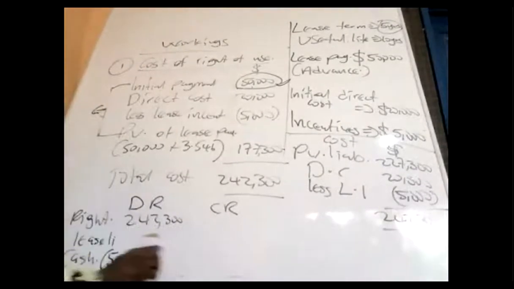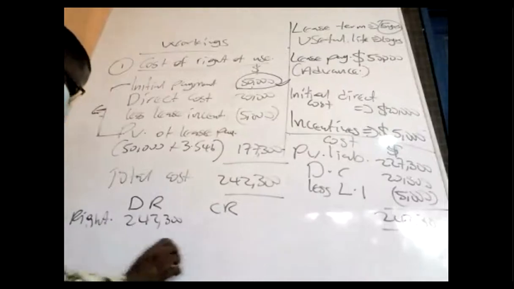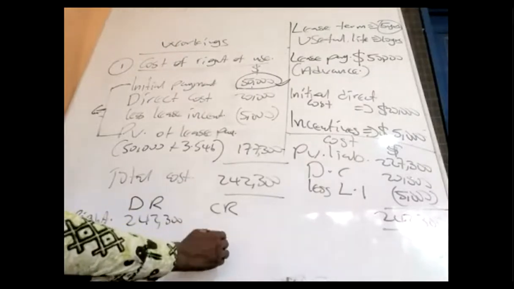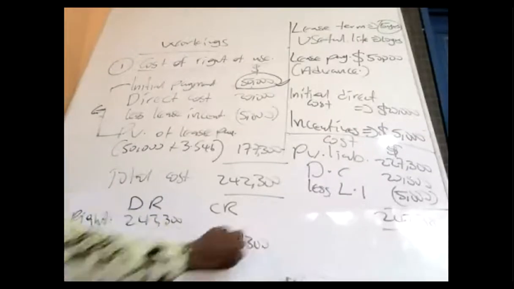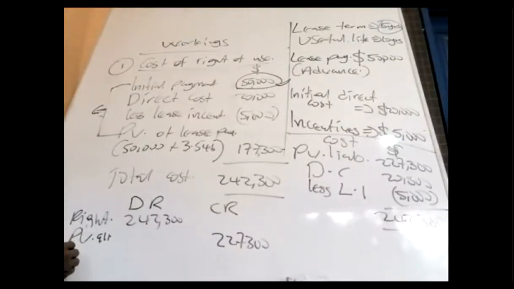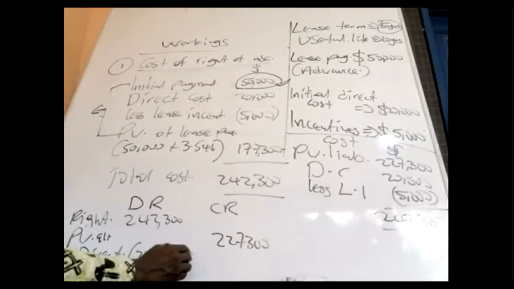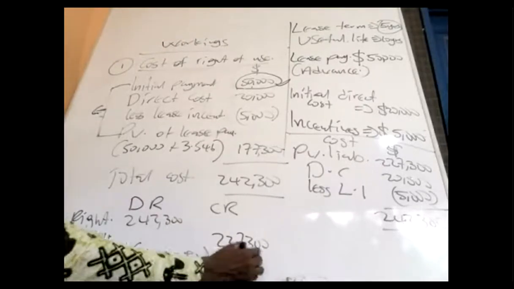Alternatively, if all of the liability happens to be 227,300, then we examine the amount paid, the direct cost 20,000 less the incentive 5,000, and this will give us 15,000.